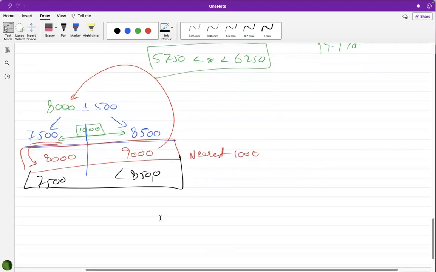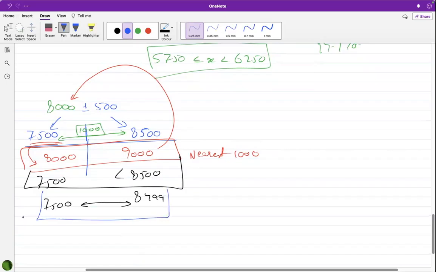For example, if these are number of people, I can write 8,499 and I can write 7,500, because number of people cannot be in decimals. So 8,499 is actually the upper bound. If I round off, this is again 8,000. And when I round off this, it is again 8,000.